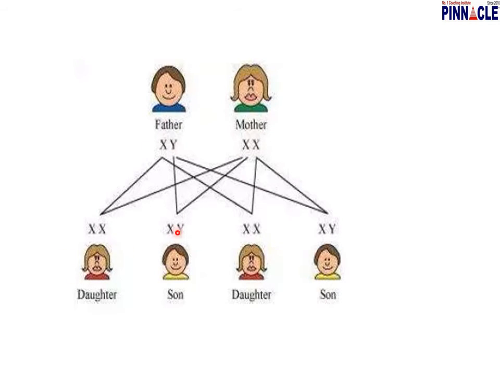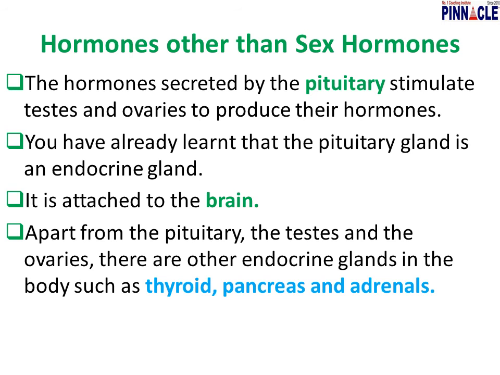If the father contributes Y and the mother contributes X, then it will be XY, that is a son. So this is the principle: the sex of a newborn child depends on the father's chromosome.